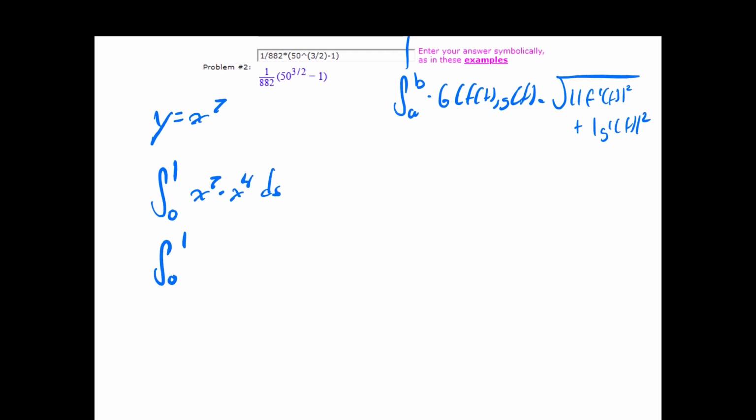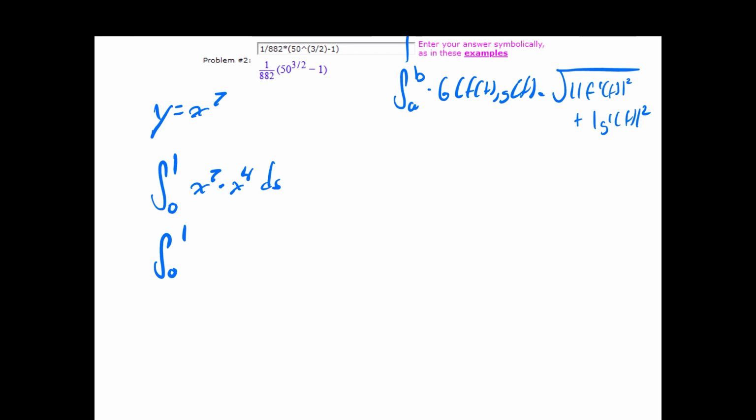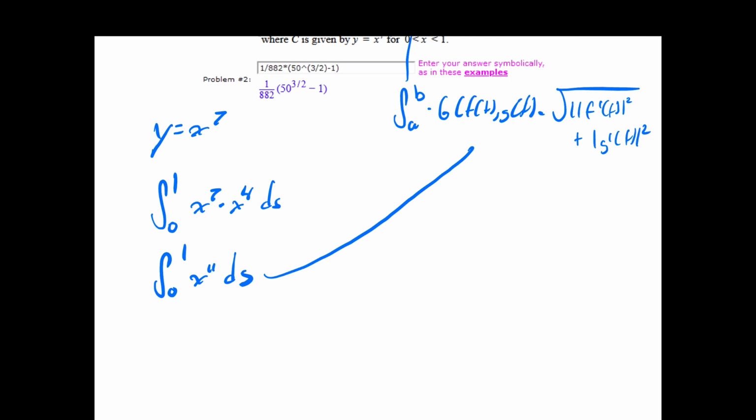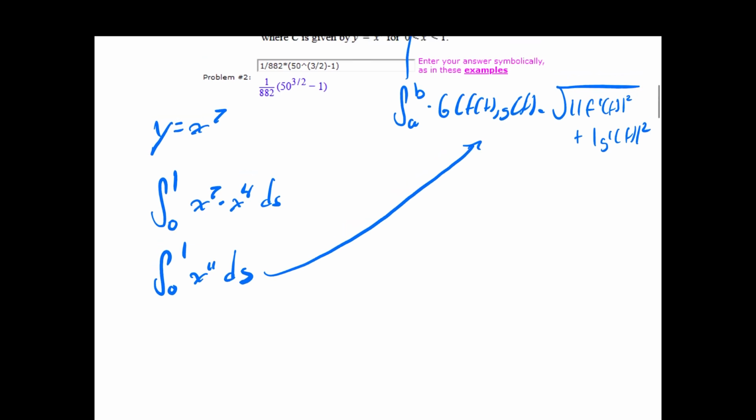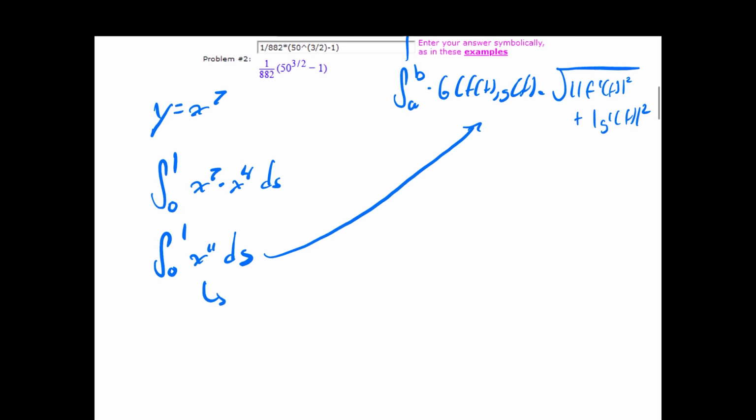From then on, we get x to the 11 ds. And you might notice that we don't really gain anything from this approach, because we're told that to evaluate ds we have f at t and g at t, and right now this is just one singular function, and it's not even with respect to t.